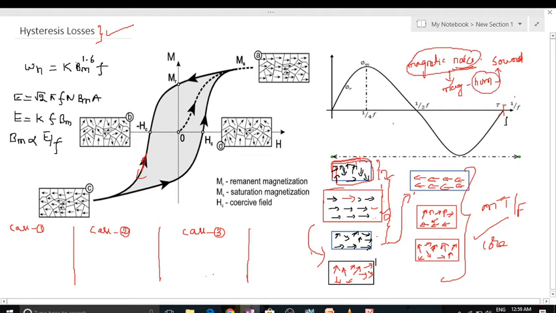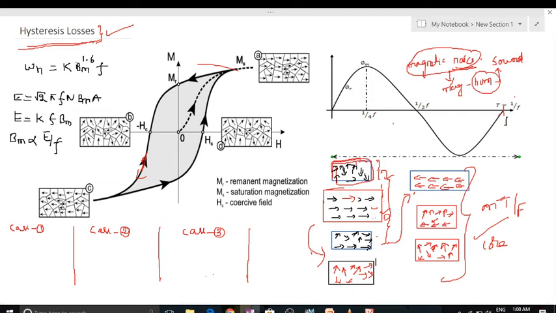This is due to the transformer hysteresis losses. So these are the major losses which result in the magnetic sound. These are the losses that take place in the transformer core.